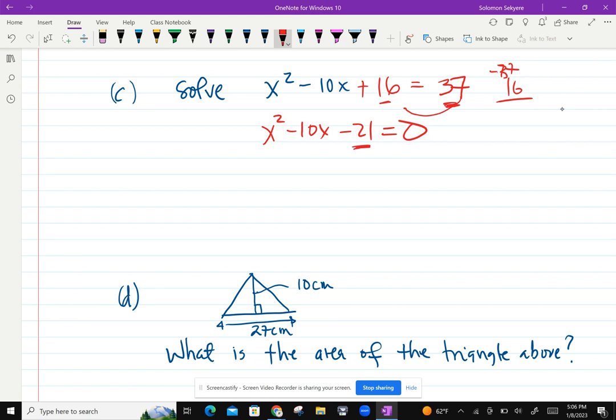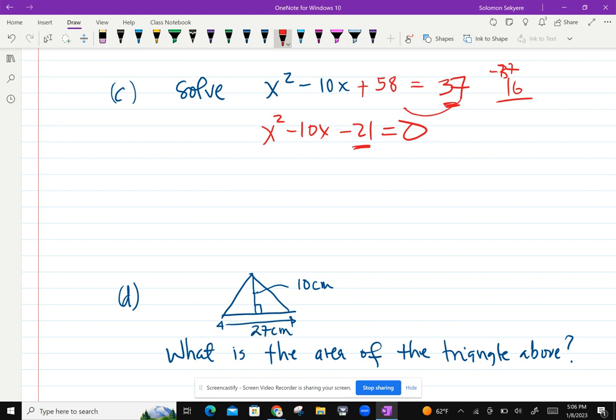Factors of negative 21 that add up to, sorry, let me change this a little bit. Let me put it this way, I'll make this thing here plus 58.